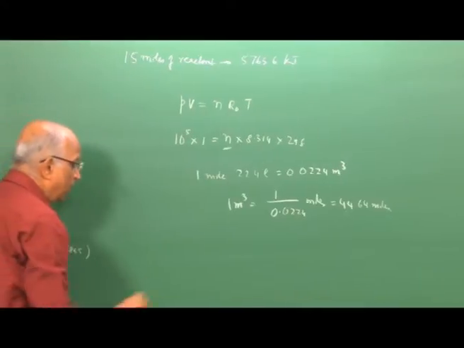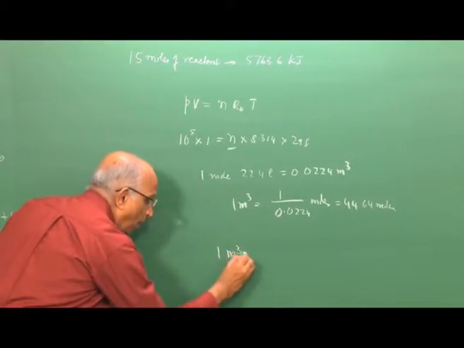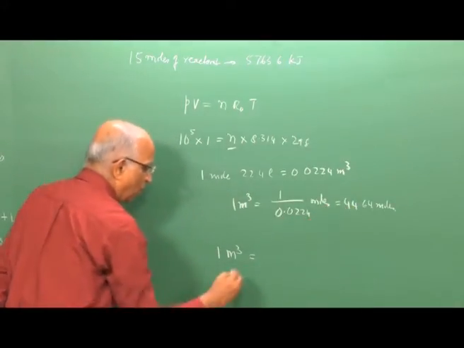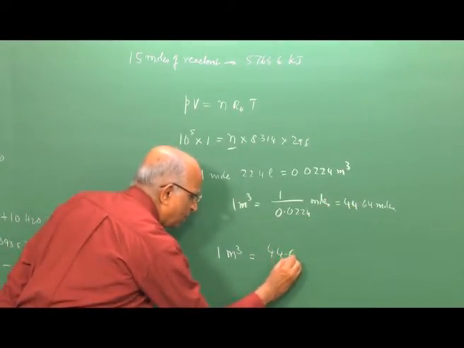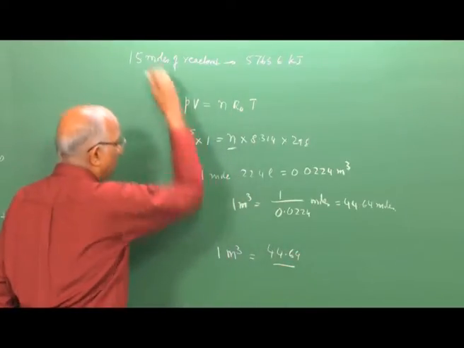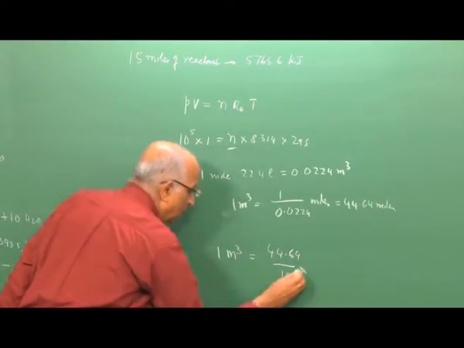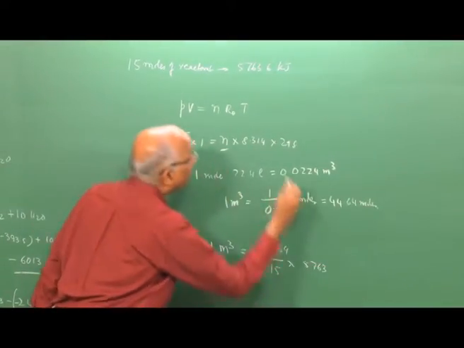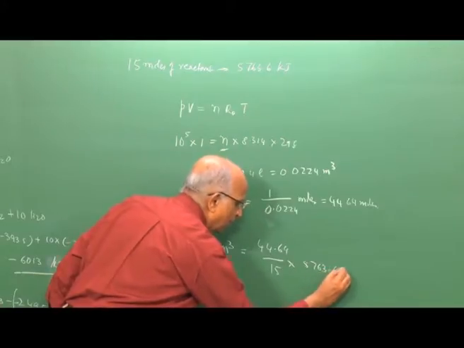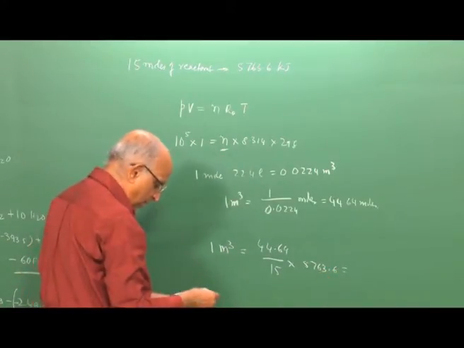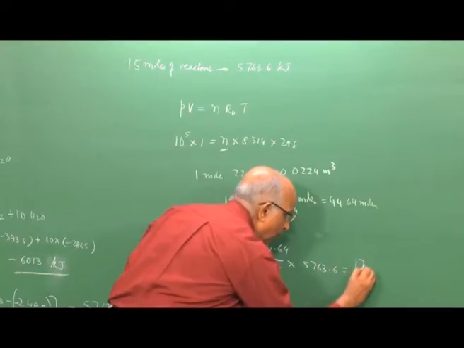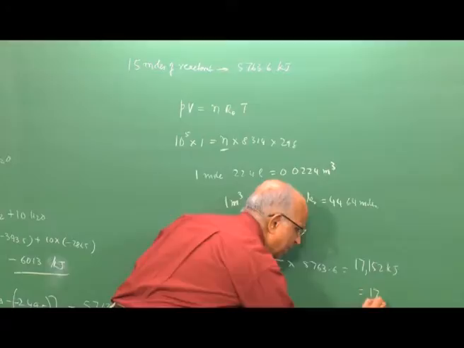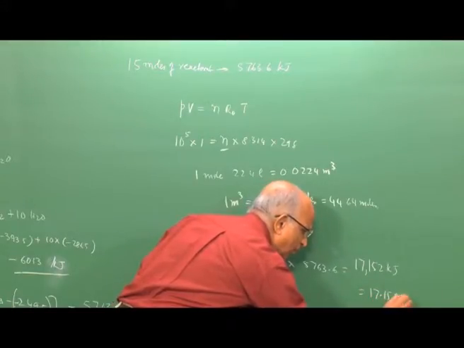Therefore, in 1 meter cube of the mixture which contains 44.64, I will have 44.64 divided by 15 into the energy for 15, which is 5763.6 kilojoules, which is equal to something like 17,152, or we can say it as 17.15 megajoules.